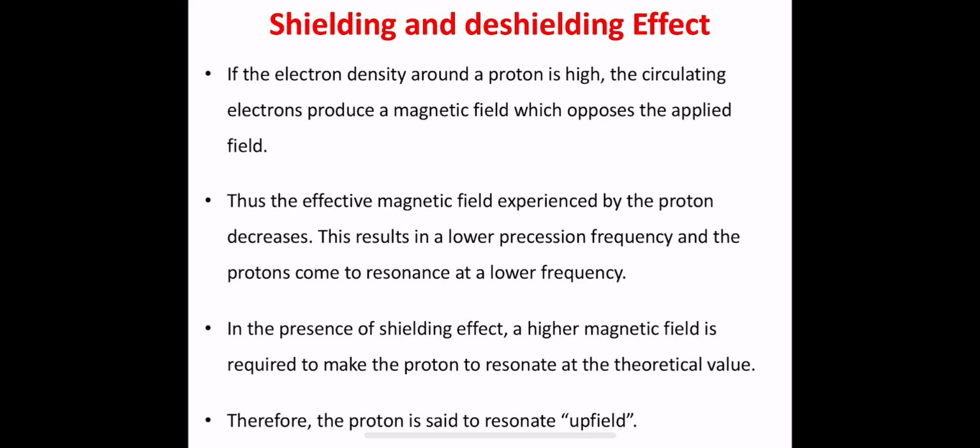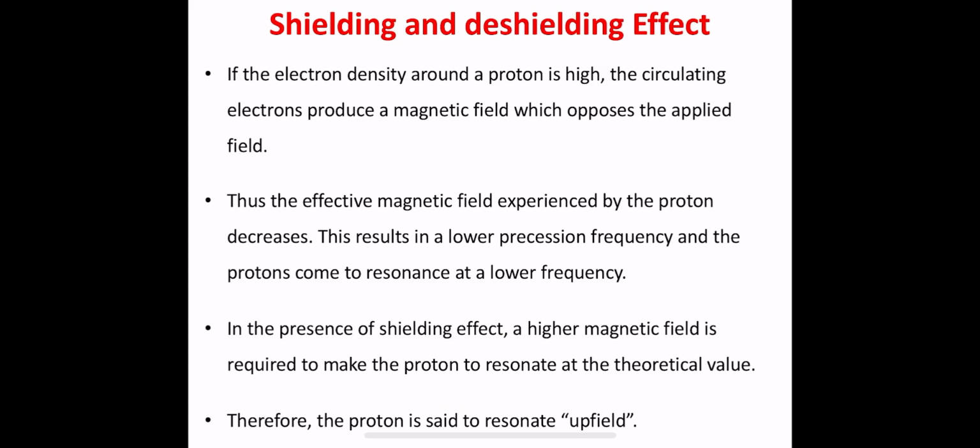This is the reason why we observe shielding and deshielding effects in organic compounds while studying NMR. If the electron density around the proton is high, the circulating electrons produce a magnetic field which opposes the applied field. Thus the effective magnetic field experienced by the proton decreases.